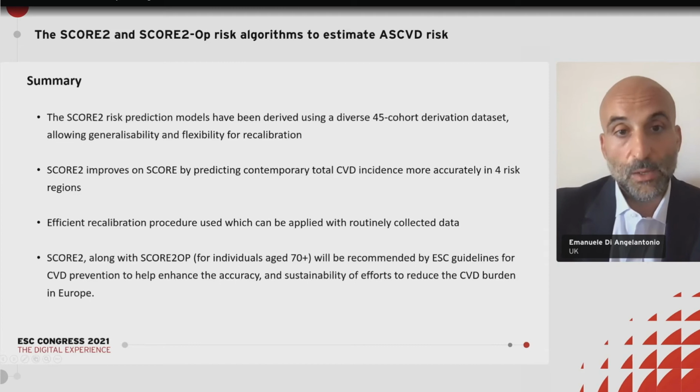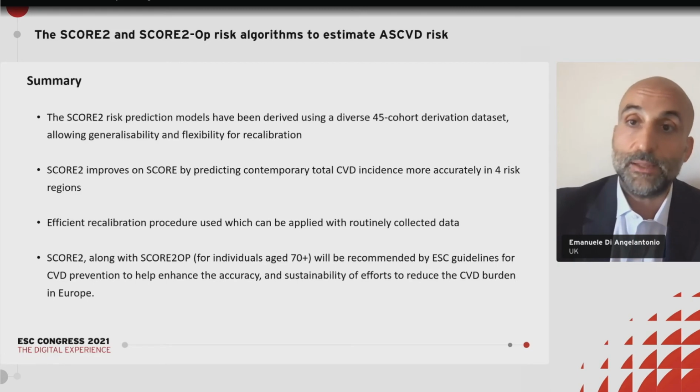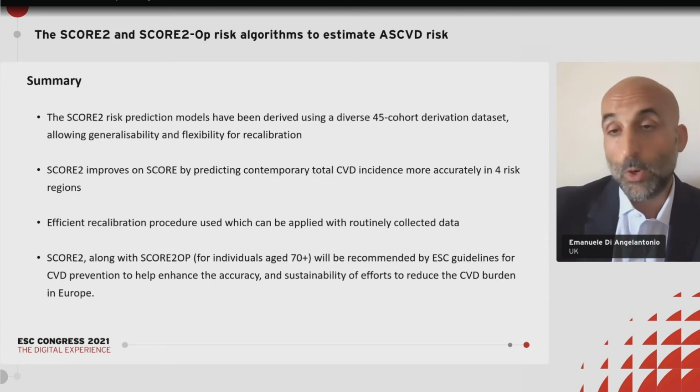And of course, the way that we have developed this, as Lisa explained, can allow us to update and recalibrate our risk prediction model in future to really match the evolution of cardiovascular risk trends.